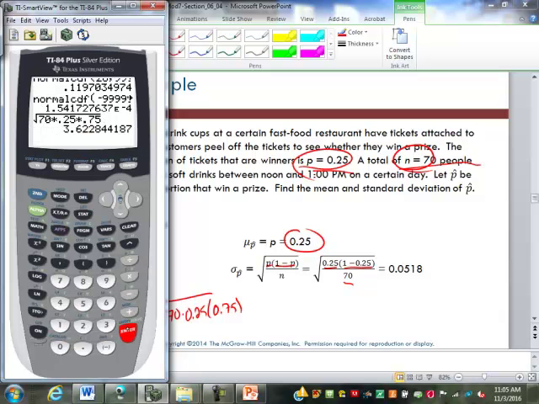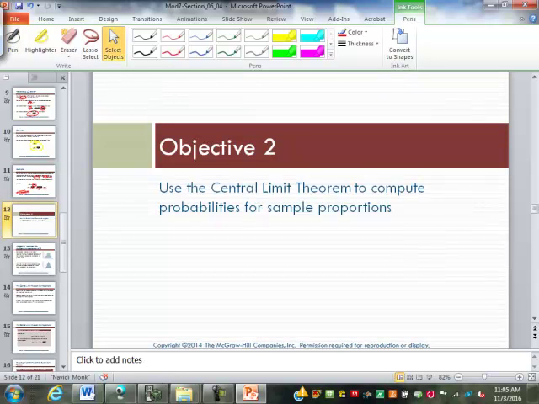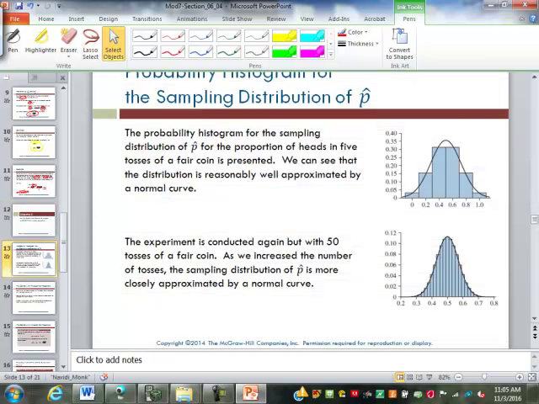That would be 3.623. Notice the standard error, or the standard deviation of the sample proportions, is much, much smaller than that. So our central limit theorem can be used to find probabilities for proportions, just like we did for means. So again, looking at our curves, the larger our sample is, the more normal the curve gets.